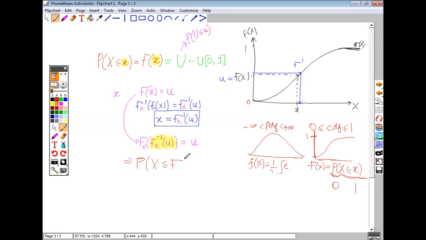So my X less than or equal to Fx inverse of U, and this is equal to small u here, right? So remember, this thing right here is what you have in the brackets here, okay?